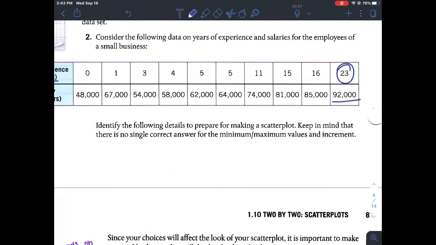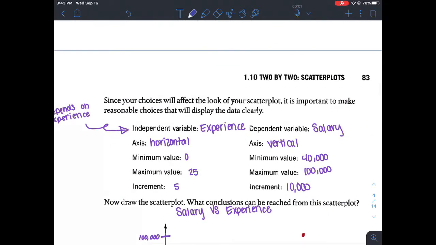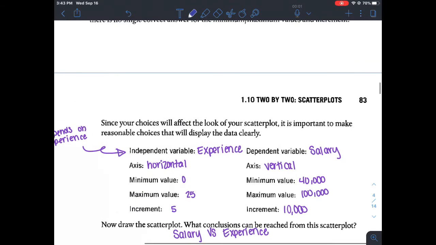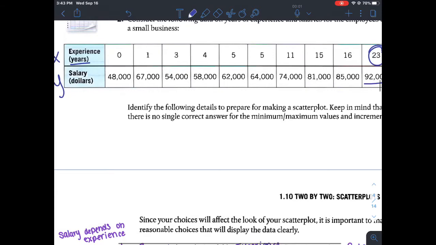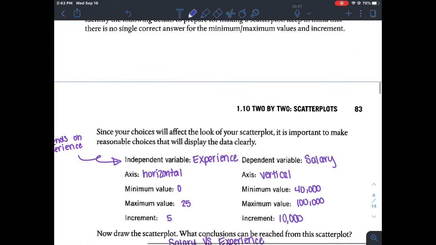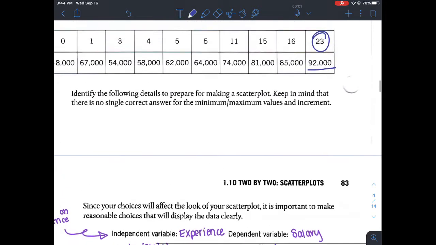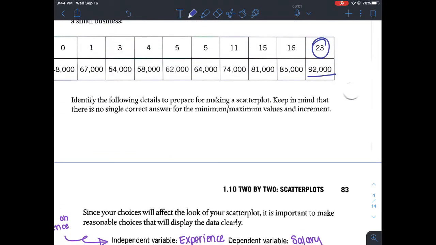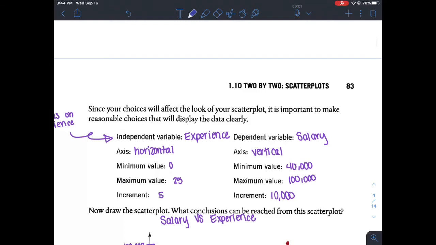We go from 0, and I'm just going to round this to 25 just to keep it nice, and then I can use increments of 5, 10, 15, 20, 25. Pretty nice and easy. And then the dependent variable, salary depending on your experience, will go on the y-axis, or the vertical axis. Our minimum salary, again, I just rounded to an even number, which was 40,000, and then my maximum value I rounded again to 100,000.